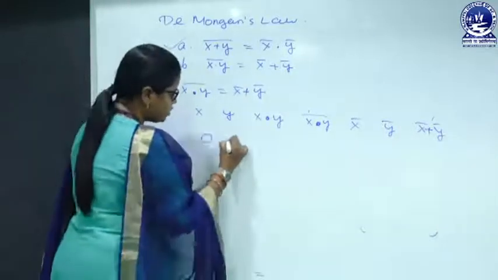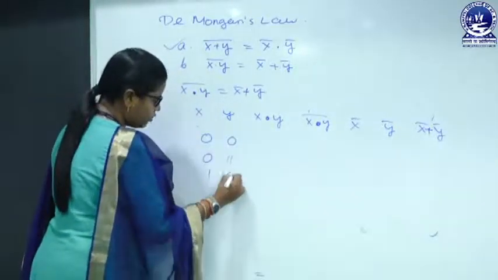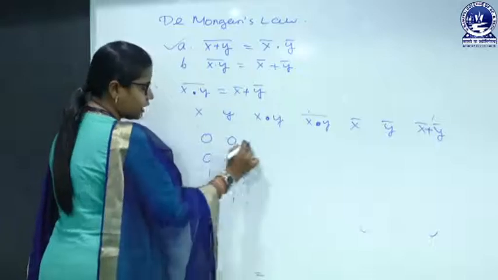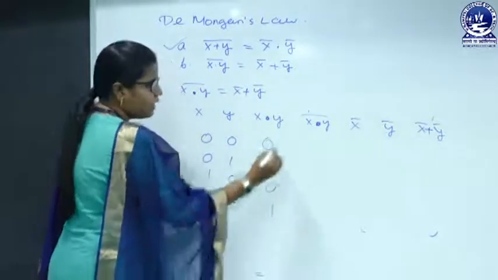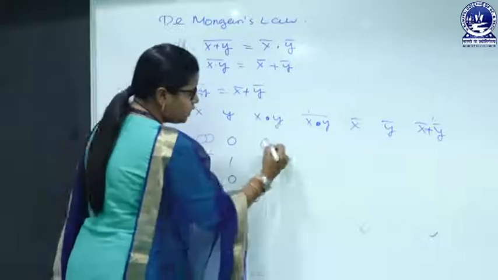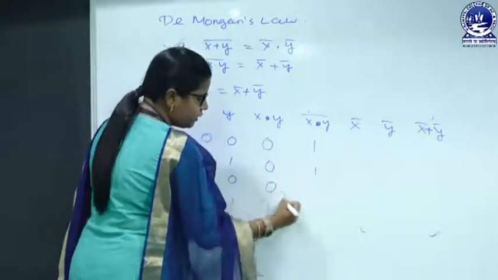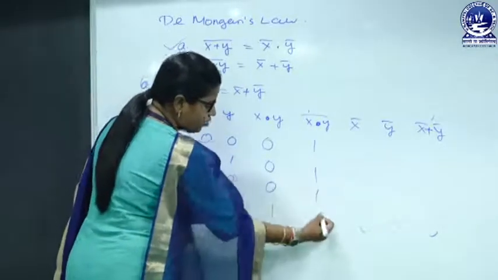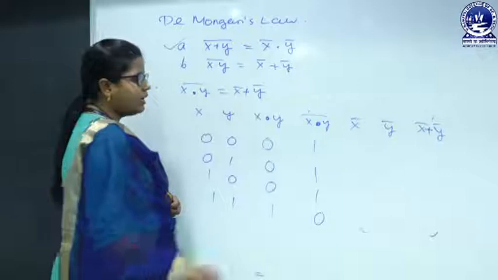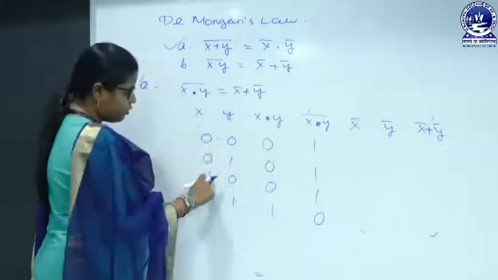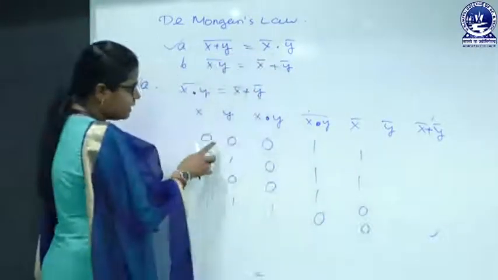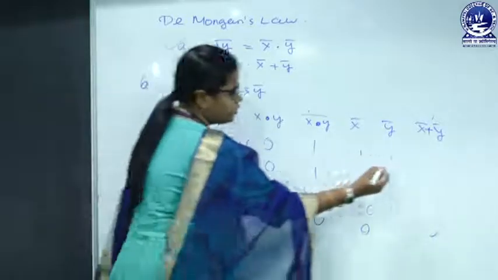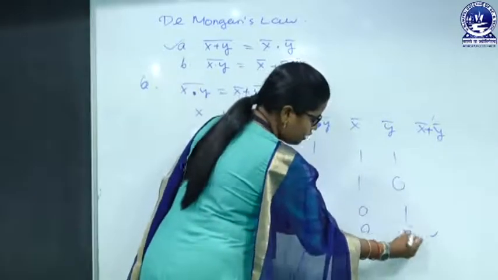So 0 0, 0 1, 1 0, 1 1. x dot y is 0 0 0 and 1. x dot y whole complement: 1, 1, 1 and 0. Now x complement is 1 1 0 0, and y complement is 1 0 1 0.